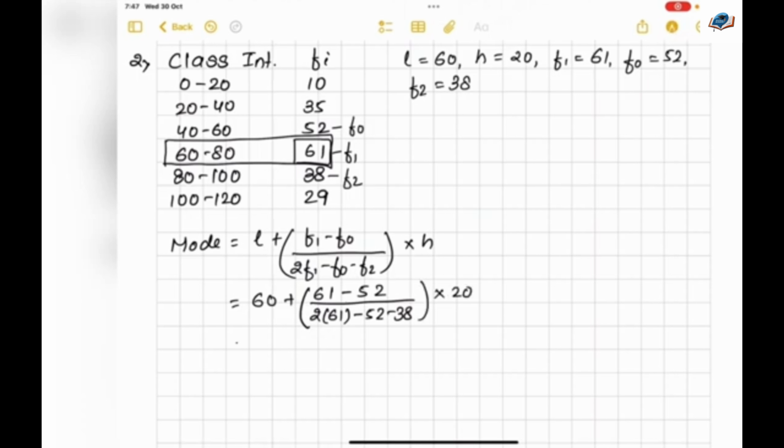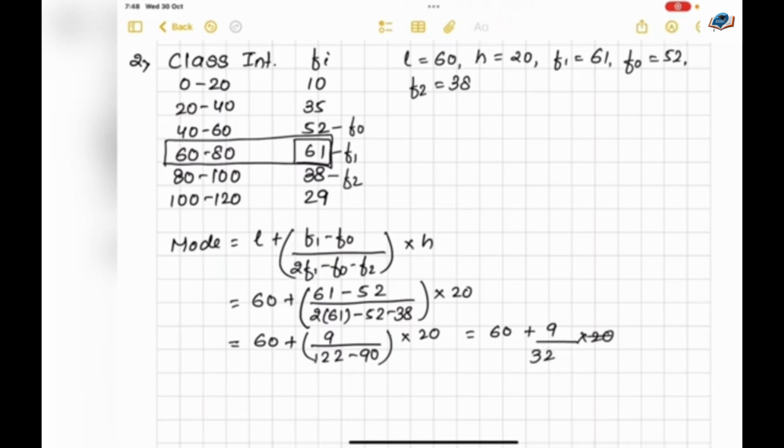So this is coming as 60 plus 9 upon 122 minus 90 into 20. So that is coming as 60 plus 9 upon 32 into 20.